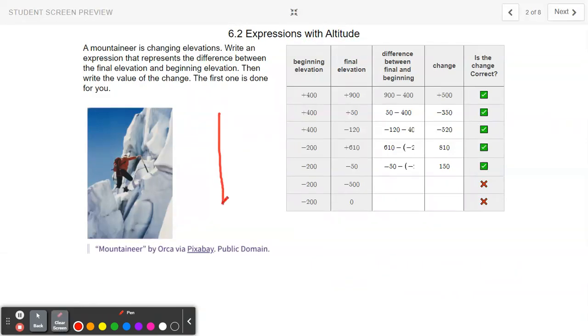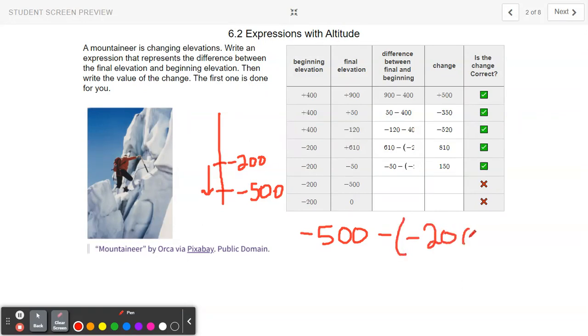All right, let's move on to the next problem here. I have a starting elevation of negative 200, an ending elevation of negative 500. And we're looking for the change, which is from here to here. So how far is this? I already know it's going to be a negative number. And solving my problem, it's going to look like my final elevation of negative 500 minus the starting elevation of negative 200.